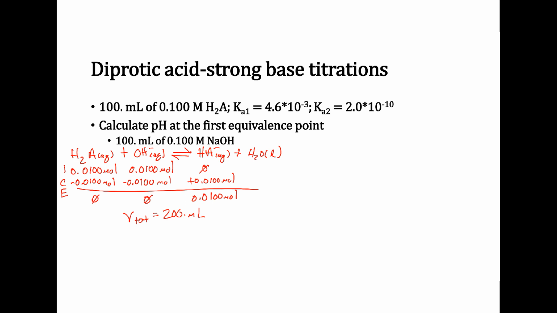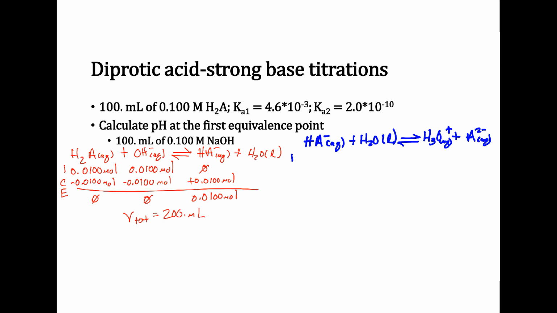So from here, we're going to have to set up an ice chart with HA minus. So we need to calculate that concentration. So let's start by writing out our reaction. We have HA minus plus H2O yields H3O plus and A2 minus.